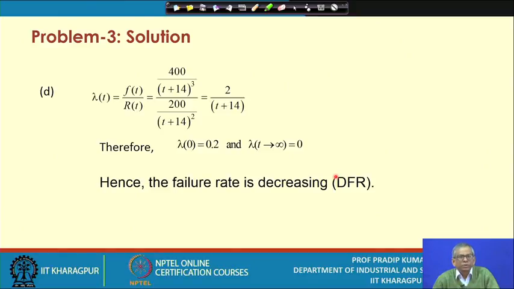Many a time you opt for technical solutions. Many a time you need to change the technology, or change the materials. Or in certain cases you need to change the configuration of the system if you are dealing with system reliability. So these are the options.